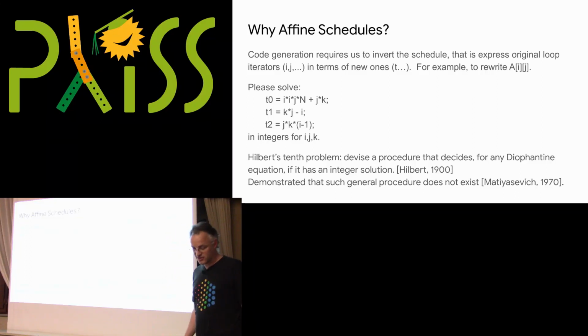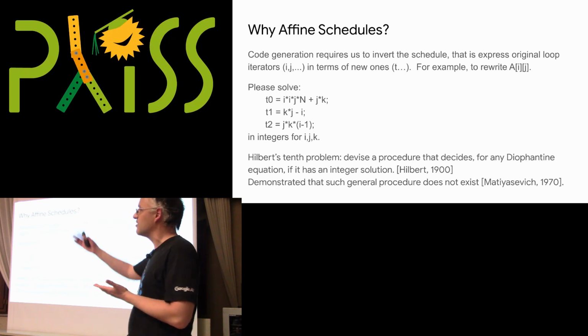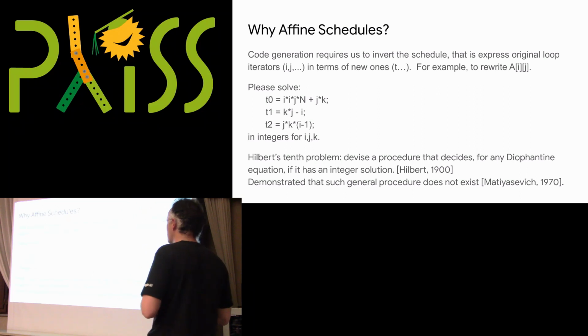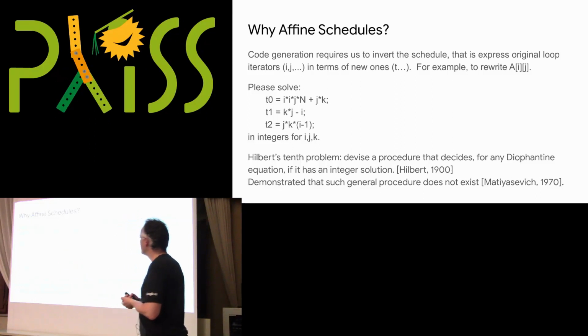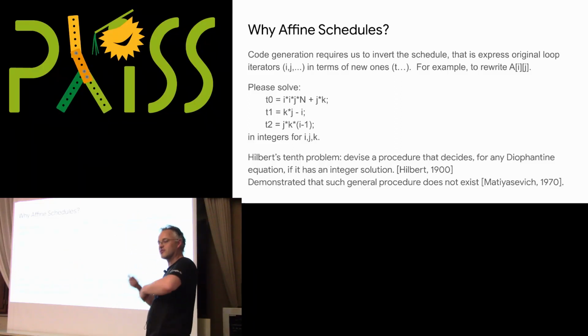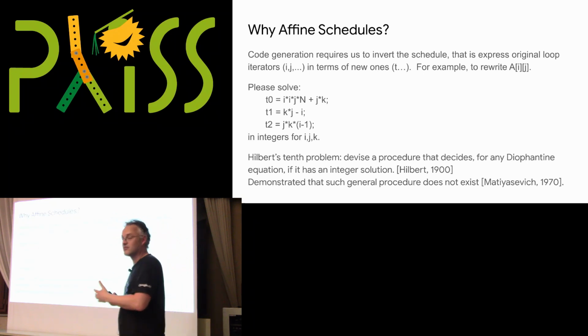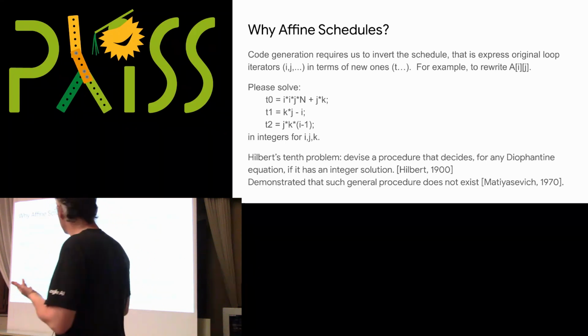Think of code generation as a function inversion problem. So if you want to scan the iteration domains that represent all the work that is being computed in a program, in the loop nest, it means scanning time, one logical step at a time, and figuring out which iterations of which statements execute at that particular instant. So it's like inverting the schedule function. You have a function that goes from iteration domains to time. If you want to generate code, you have to do the opposite.